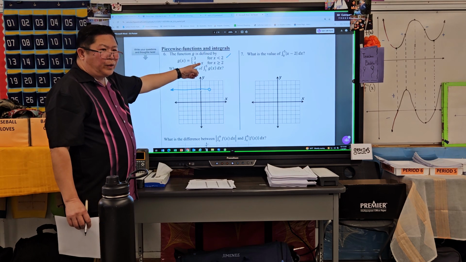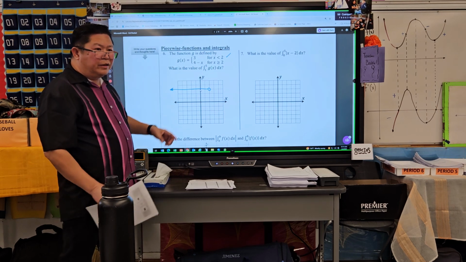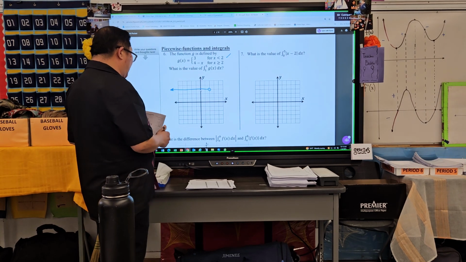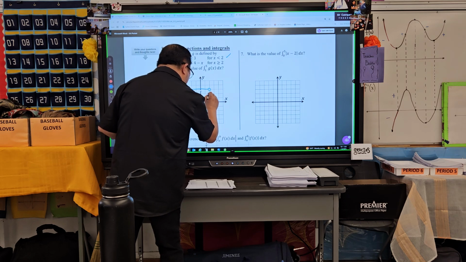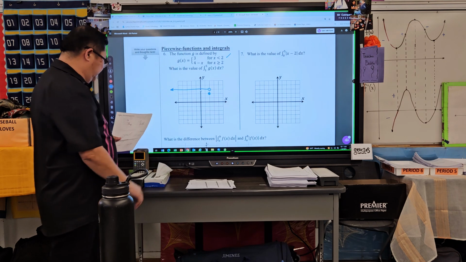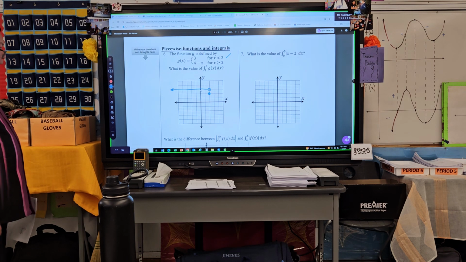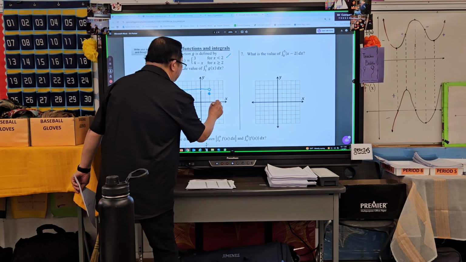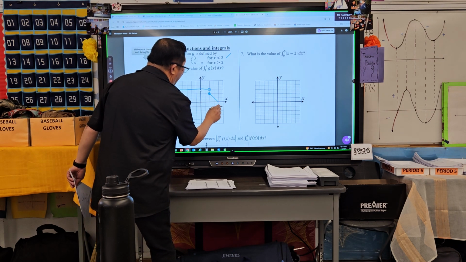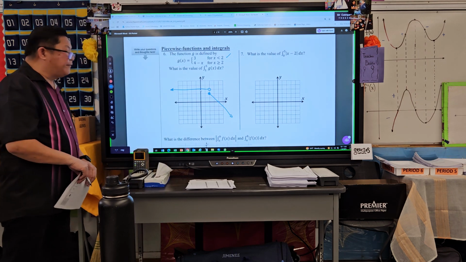If x is 2, what is the function? 4 minus 2, right? So it's going to be 2. So at 2 right here, it's going to be closed. And then if x is 4, the function is 0: 1, 2, 3, 4. So this is now the graph of this piecewise function.